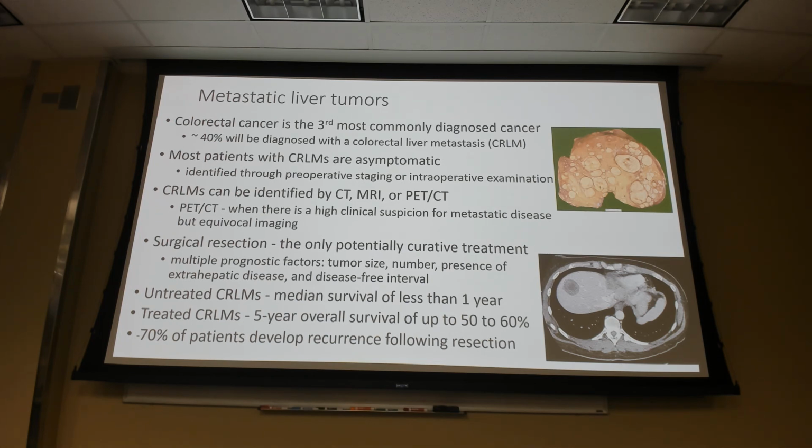We can do a surgical resection for them. Untreated, it doesn't have a great survival rate, but even when we treat it, the 5-year survival rate is not great, around 50%. They usually get recurrence after resection, so it's not a great prognosis.